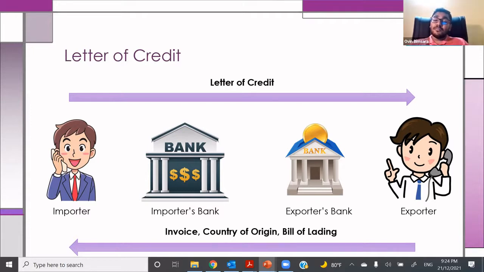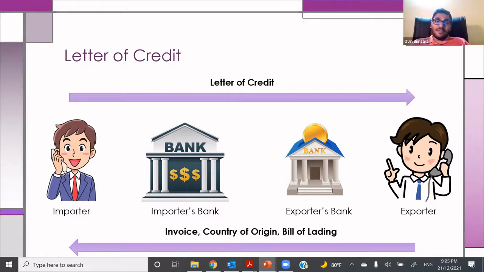Apart from that, the bill of lading will be there. The bill of lading is the document given by the shipping company or the agents of the shipping company. Once the exporter puts the product into the ship, the shipping agent will give the bill of lading confirming that the responsibility for the goods is now with the shipping company since the goods are in the ship.